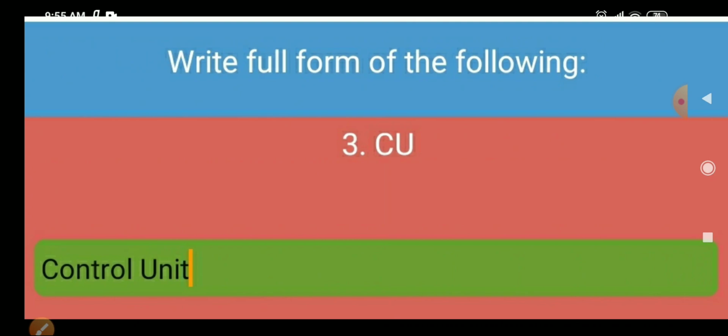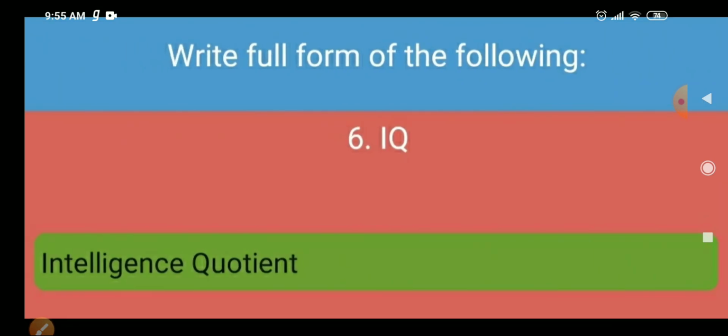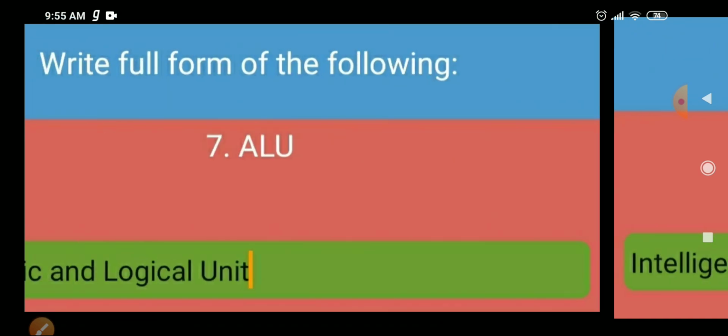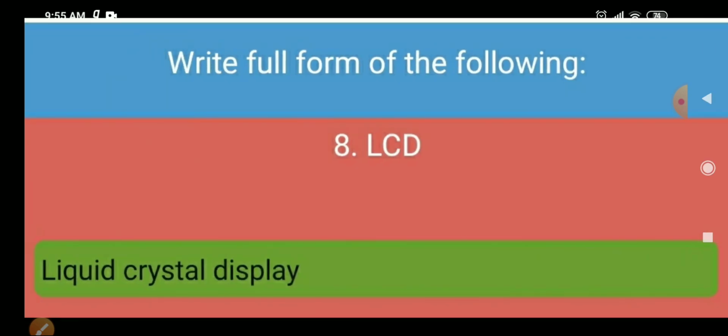Next is CU, control unit. MU, memory unit. CPU, most easy, central processing unit. IQ, intelligence quotient. ALU, arithmetic and logical unit. LCD, liquid crystal display.